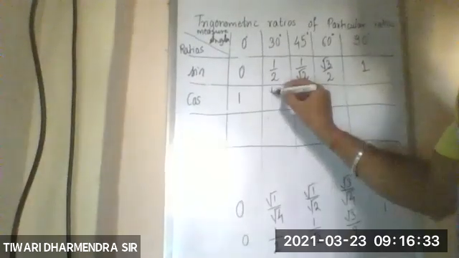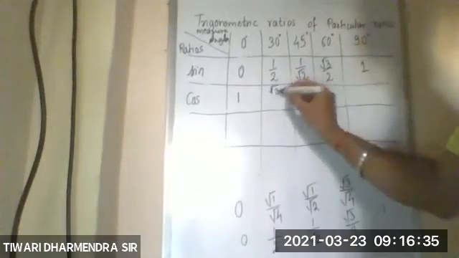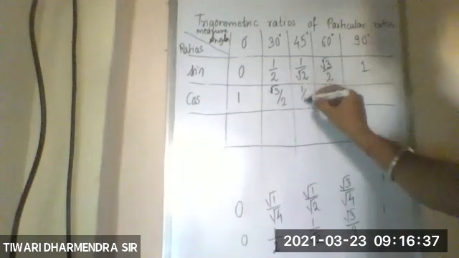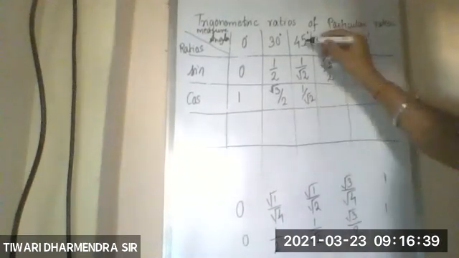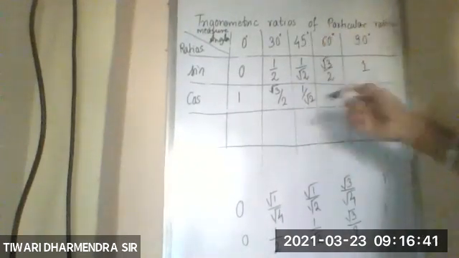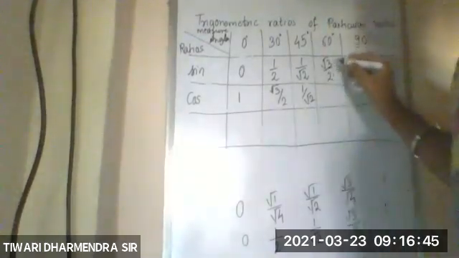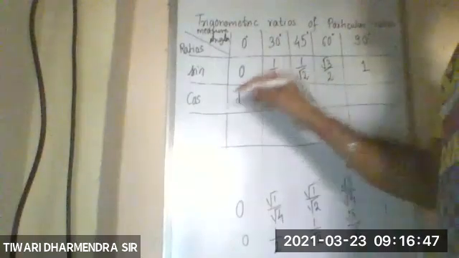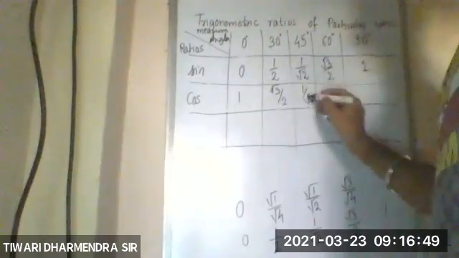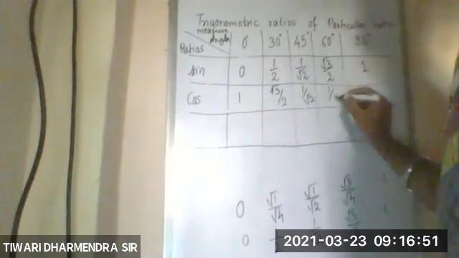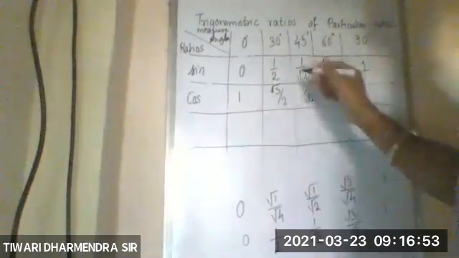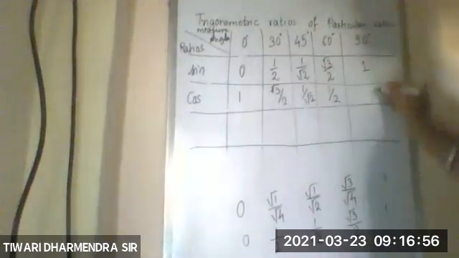After that, the next value is root 3 by 2. Next is 1 by root 2, as we have derived, sine 45 degree is same as cos 45. And cos of 60 degree will be, next value is half. And the last value of cos is the first value of sine.